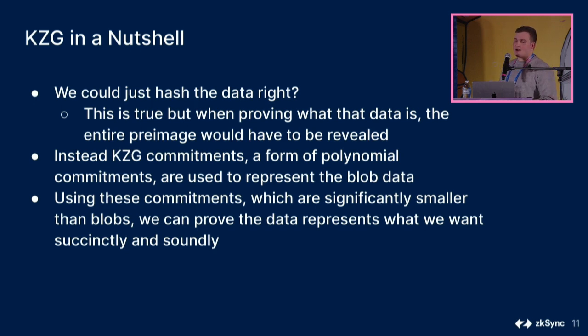So KZG stands for Kate, and then the last names of the other two people who came up with this zero-knowledge proof. Basically, it is a way to form a polynomial commitment of the data.